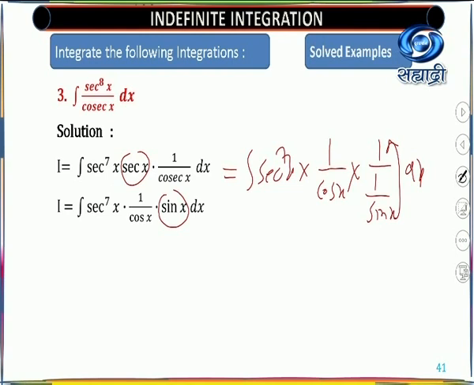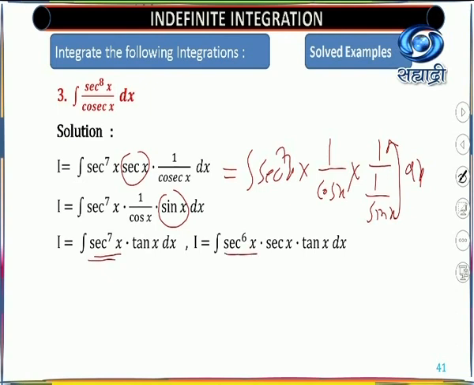So you will get sec raised to 7x into sin x upon cos x. What is sin x upon cos x? That is tan x. So you get sec raised to 7x into tan x dx. Now one more sec x you can take aside, so that split gives you sec raised to 6x, sec x tan x dx.